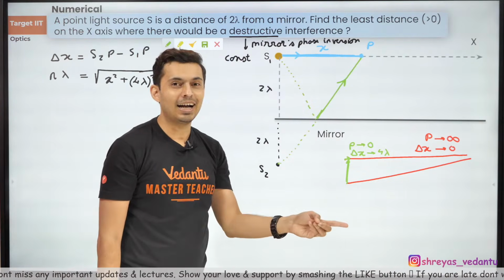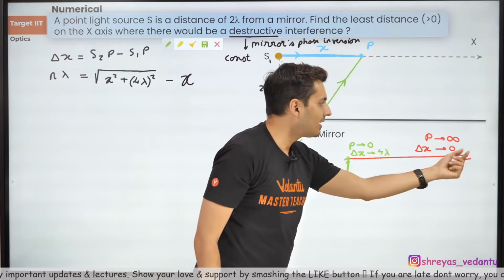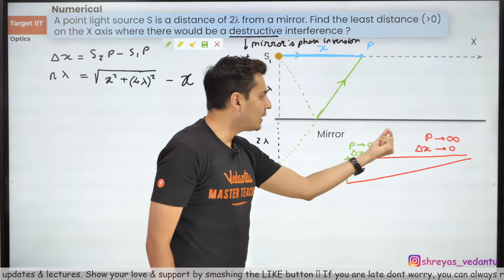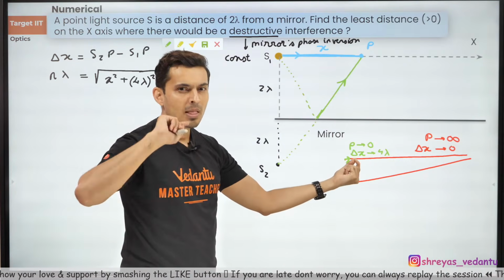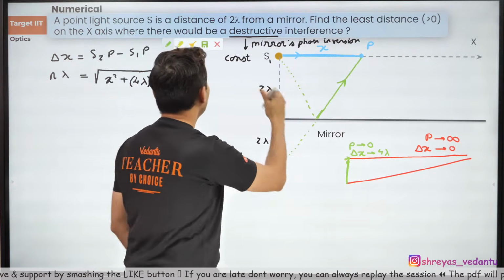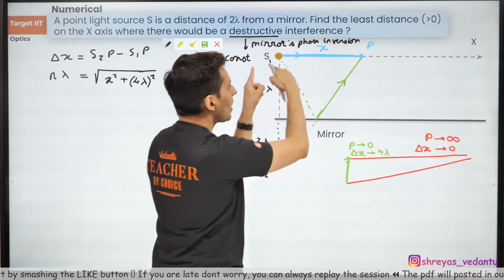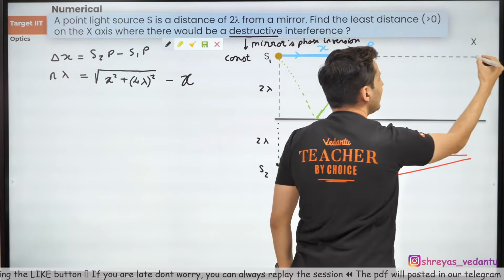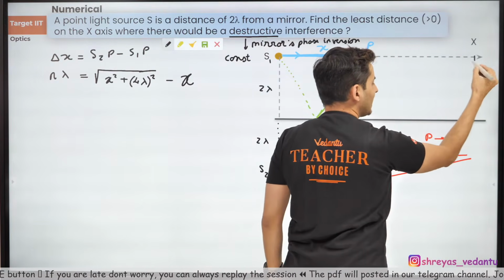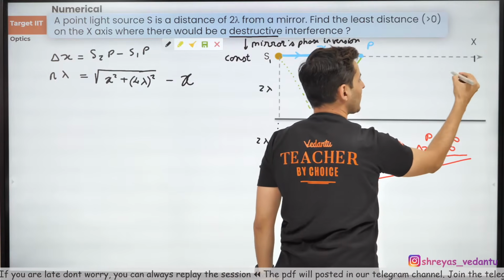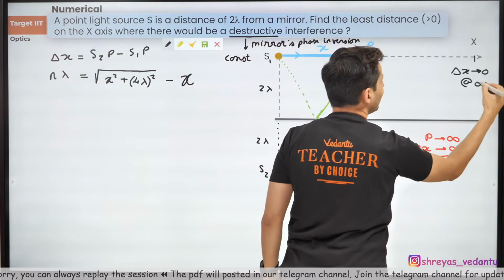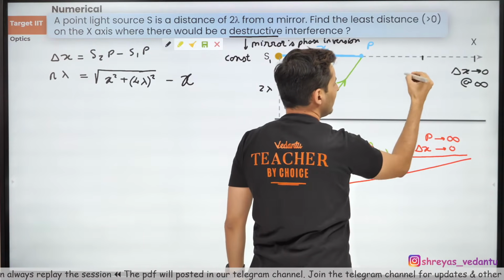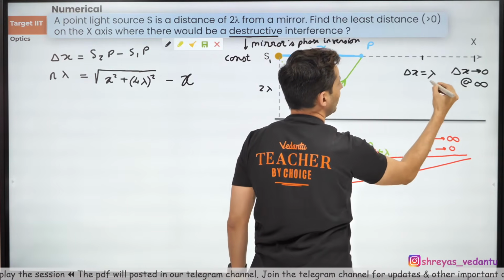Now this should give you the idea. When you are really far, the path difference is 0. When you are really close, the path difference is 4 lambda. So on this number line, at infinity delta x was tending to 0. Somewhere or the other, delta x will be lambda.